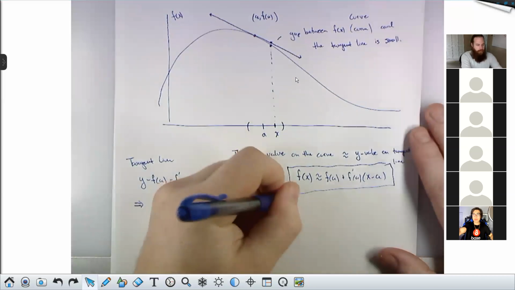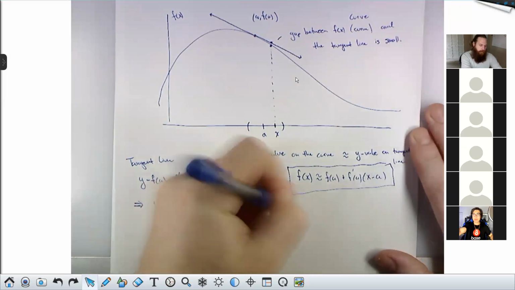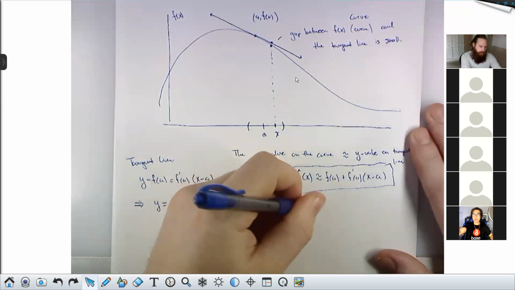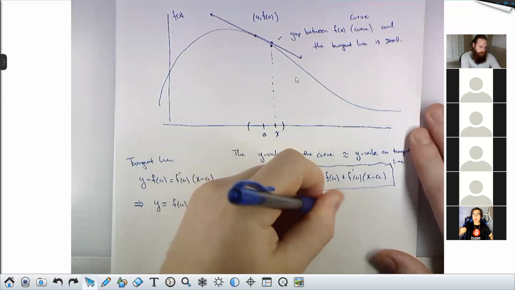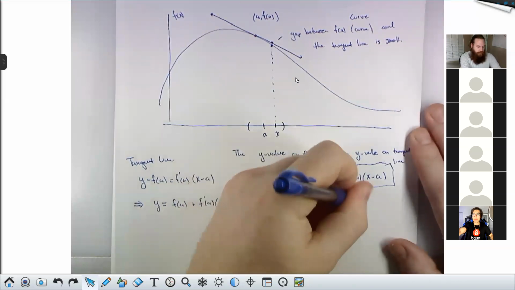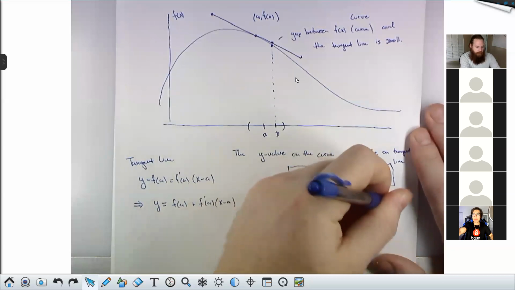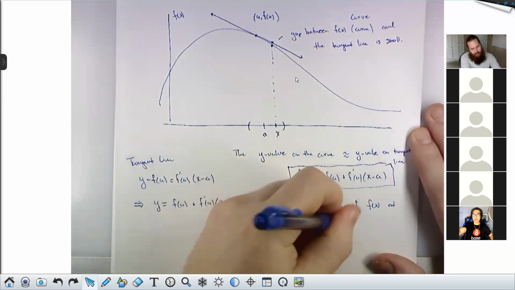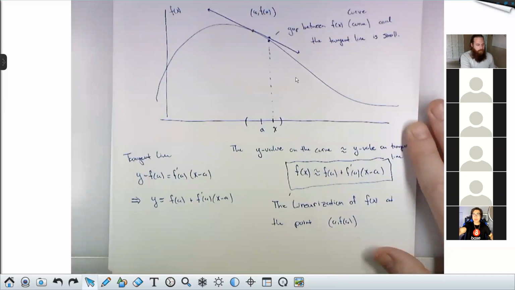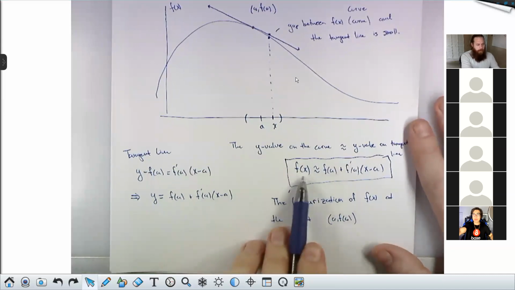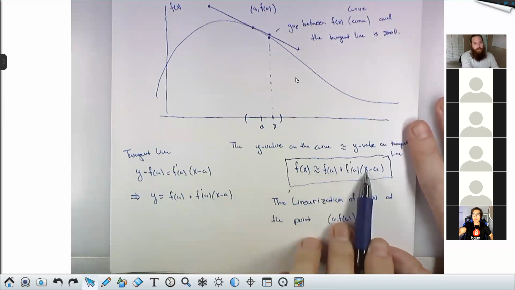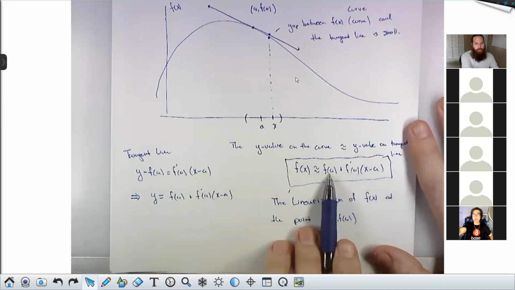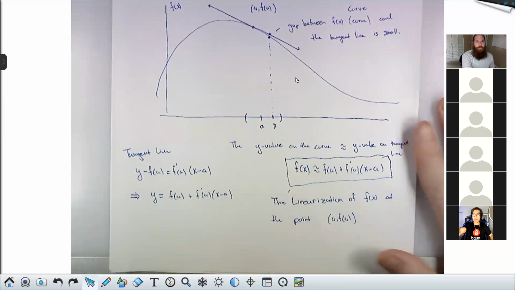So this object here is called the linearization of f of x at the point a comma f of a. And all it says is that if you want to know f of some number, you can plug that number into the tangent line. And as long as the number you're plugging in is close to the point of tangency, you'll get a good approximation.